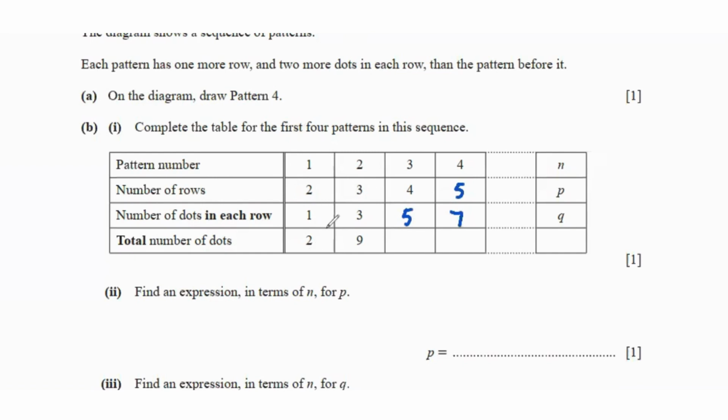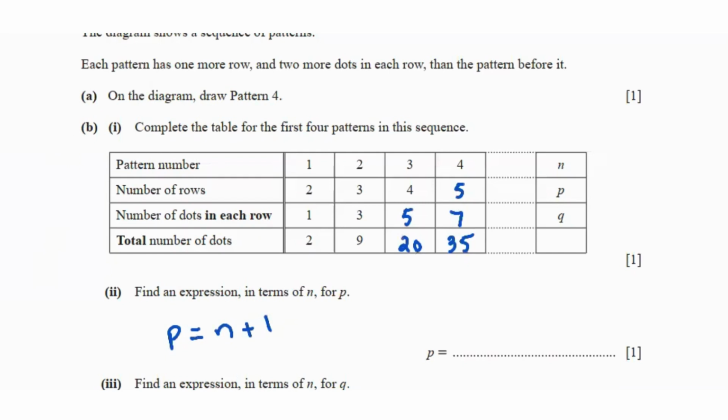So 2 times 1 is 2, 3 times 3 is 9, 4 times 5 is 20, and 5 times 7 is 35. Then it says find an expression in terms of n for P. So P is n plus 1 because we're adding 1 to the number of rows.